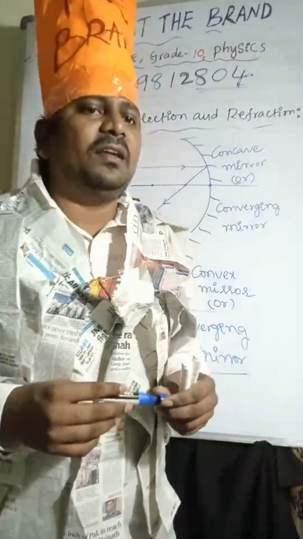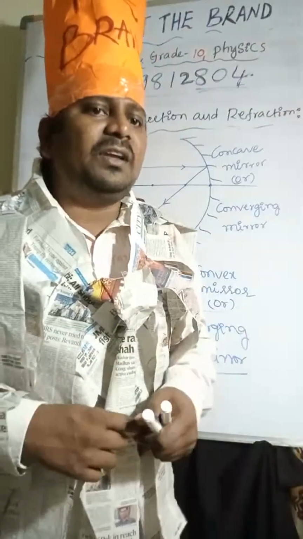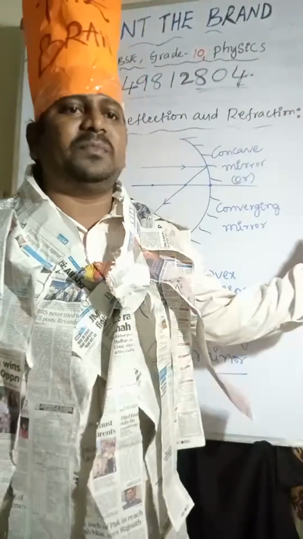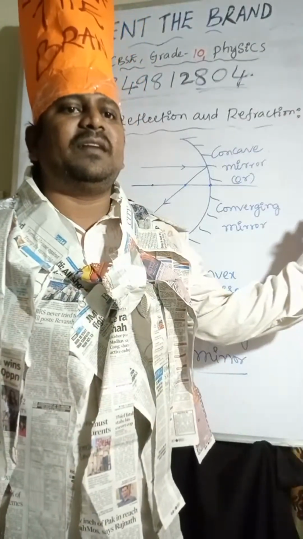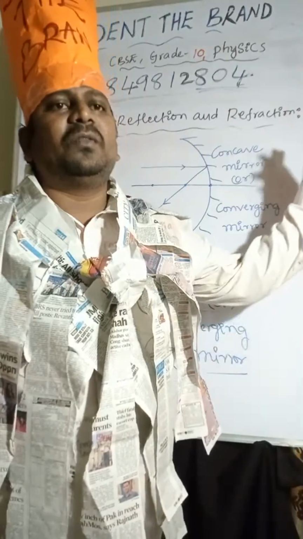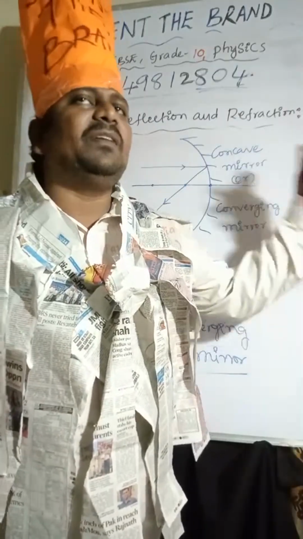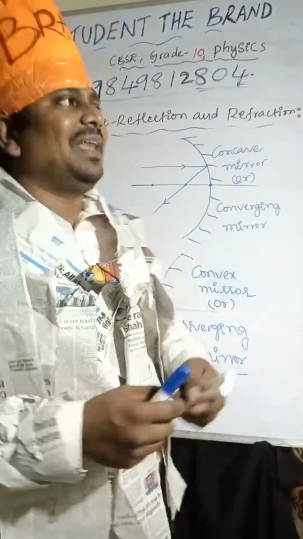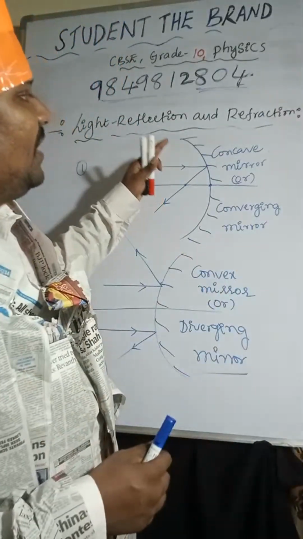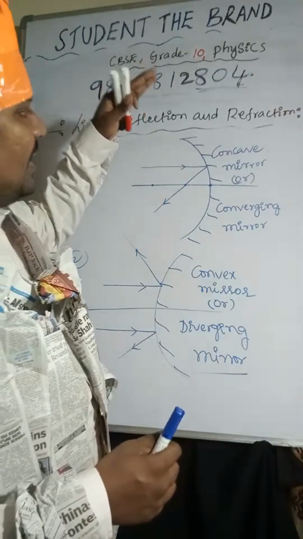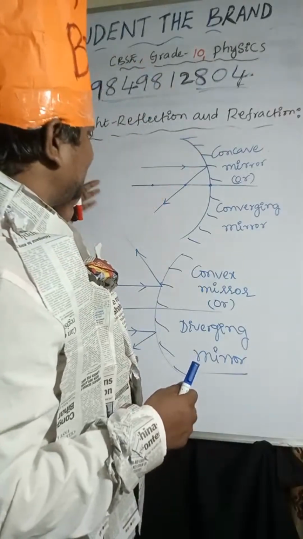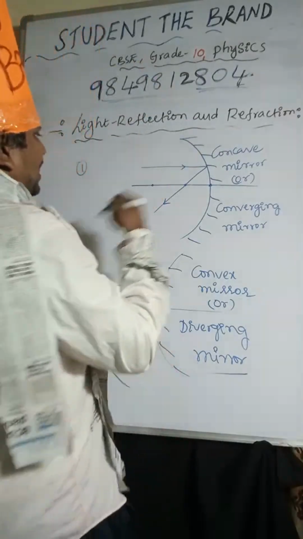Why are we calling the concave mirror a converging mirror and the convex mirror a diverging mirror? What is the meaning of that? When light rays are incident on a concave mirror, after reflection, the light rays move towards the principal axis.